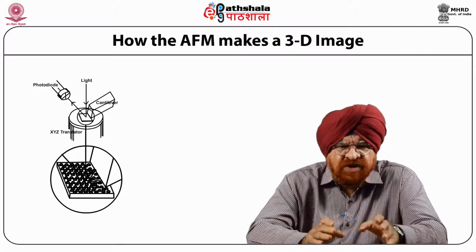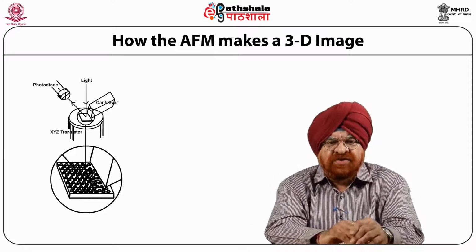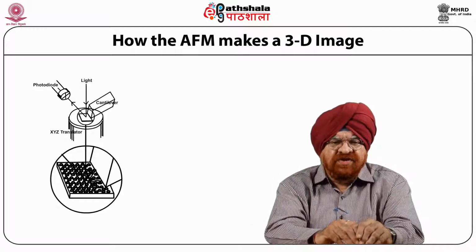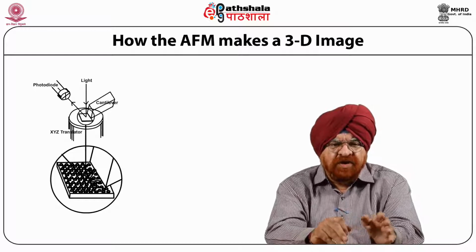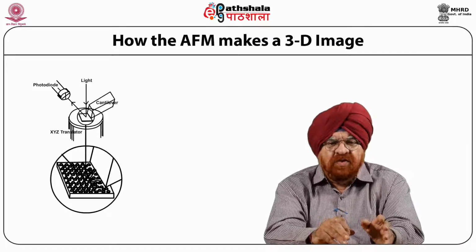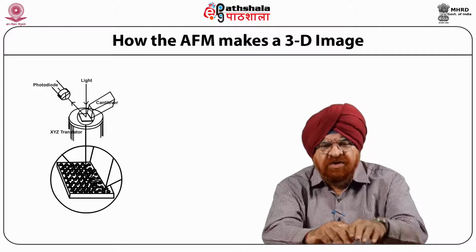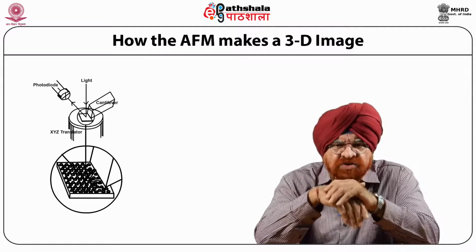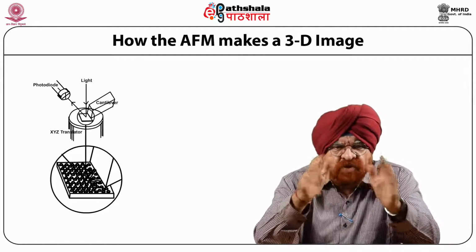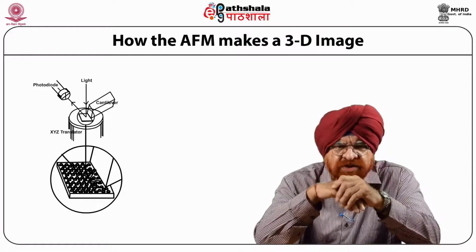The deflection of the stylus is registered by the laser and photodiode sensor, and the XYZ translator adjusts stylus or specimen, depending on the microscope, up or down in Z to restore the stylus to its original orientation. The computer stores the vertical position at each point and assembles the image.